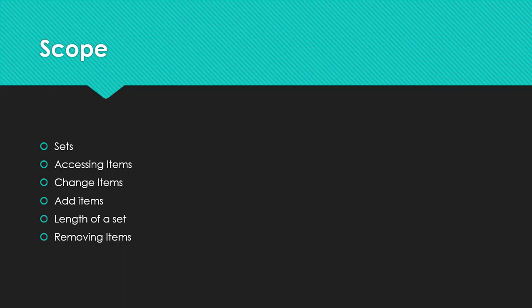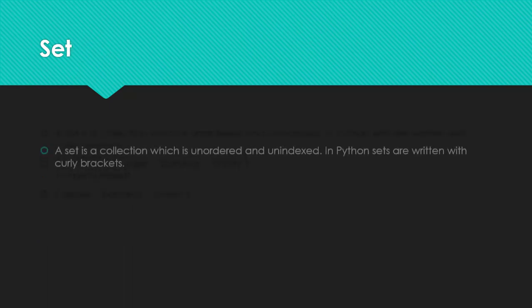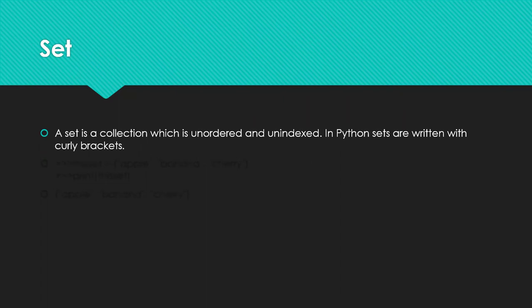So let's get started. So what is basically a set? A set is a collection which is unordered and unindexed. In Python, sets are written with curly brackets. Now what do I mean by unordered and unindexed? We know that we can access strings or lists by using the concept of indexing because the elements in a string or in a list are indexed.